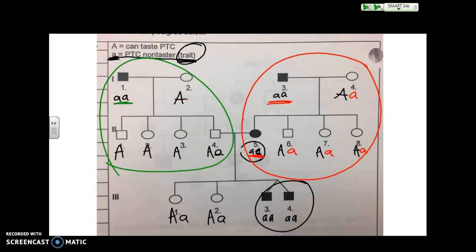So we know that dad is little a, so he had to give a little a to all of the offspring. So what about mom here? Do we know if mom is big A, big A, or big A, little a? And the answer would be no, we don't. So we don't know if she is homozygous or heterozygous dominant, so we are going to just put a question mark. Or you could write a dash and leave it blank.